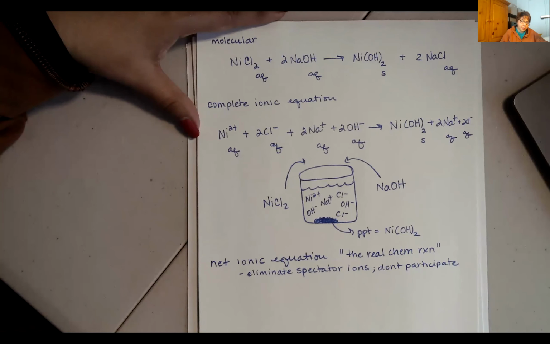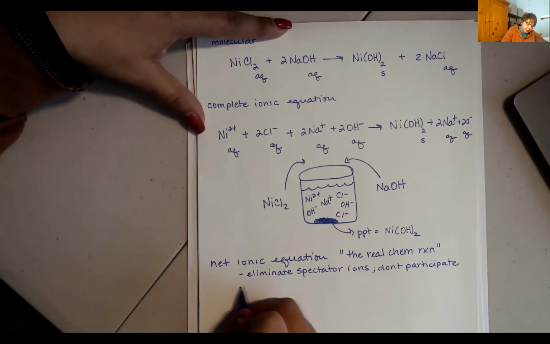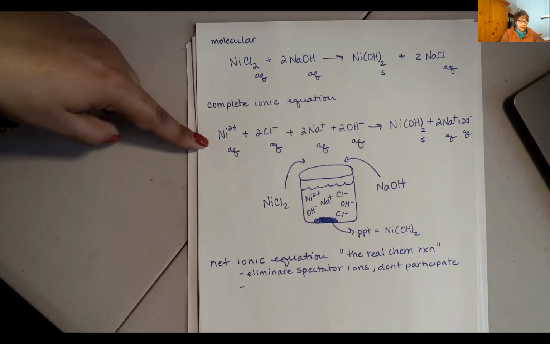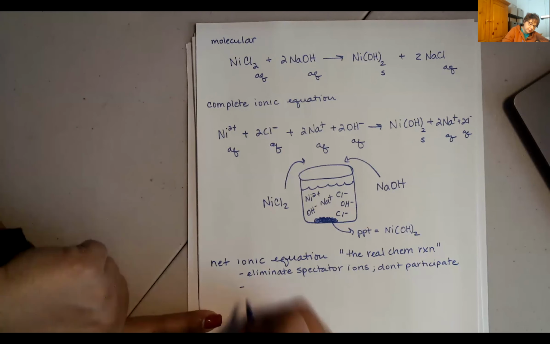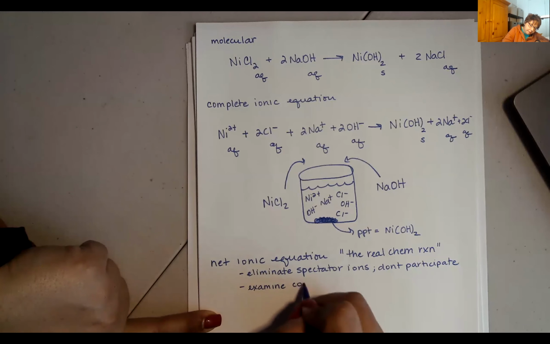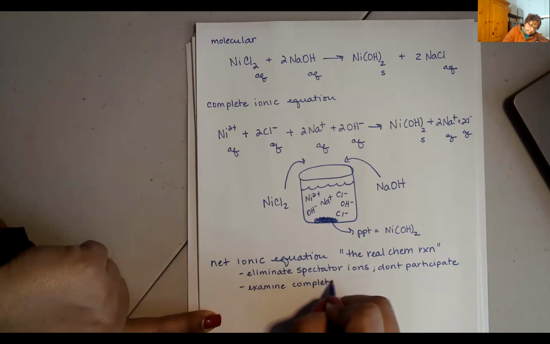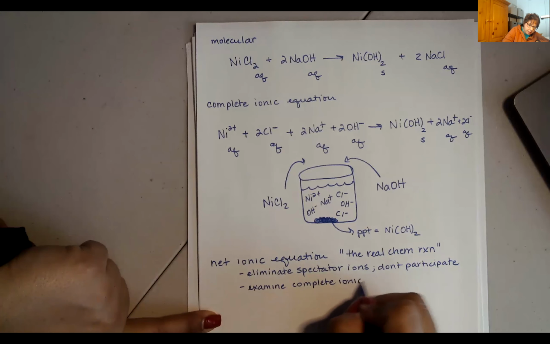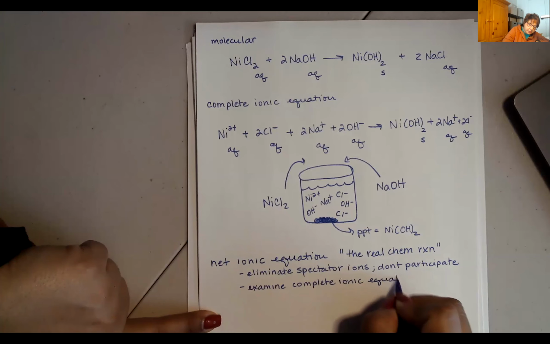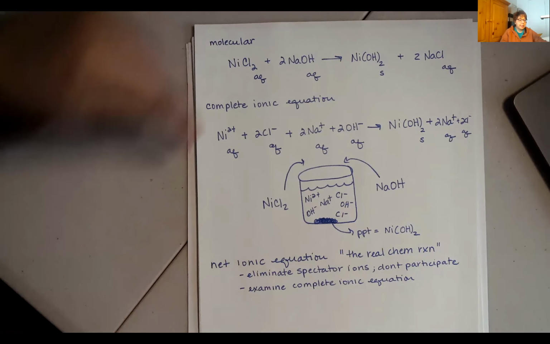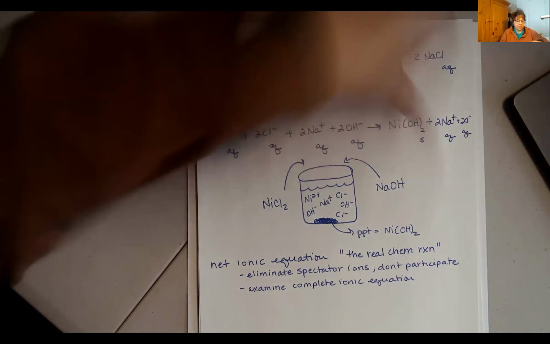So to eliminate the spectators, what you do is you examine the complete ionic equation, and you cross out things that are aqueous on both sides.